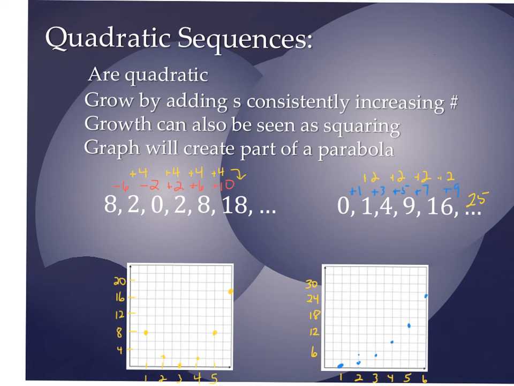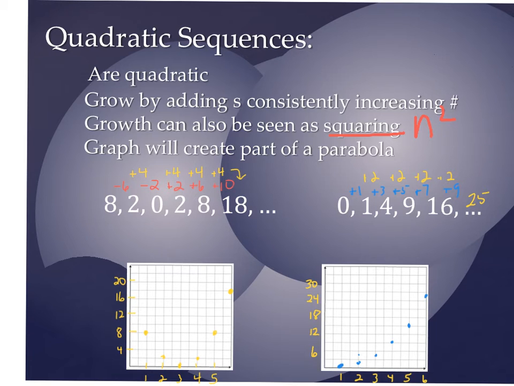Quadratic sequences, the rule will be some sort of squaring. When we look at the sequence, when input is 1, 2, 3, 4, 5, we're going to begin to see that it grows by increasingly adding, but the number that you're adding is increasing by the same amount each time as well.